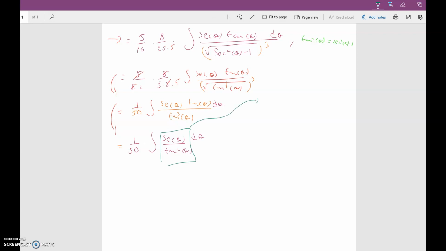So we technically have secant. Secant is 1 over the values of cosine of theta, and tangent squared, this is basically sine squared of theta over cosine squared of theta.